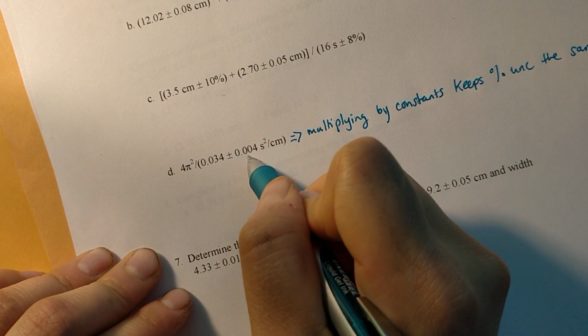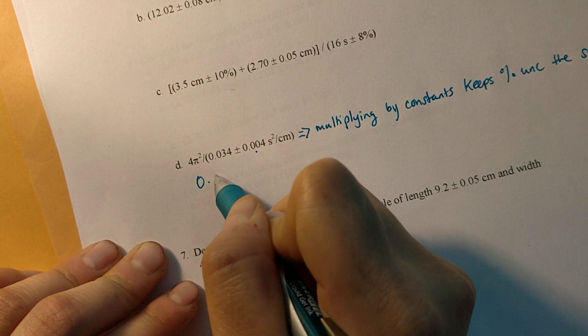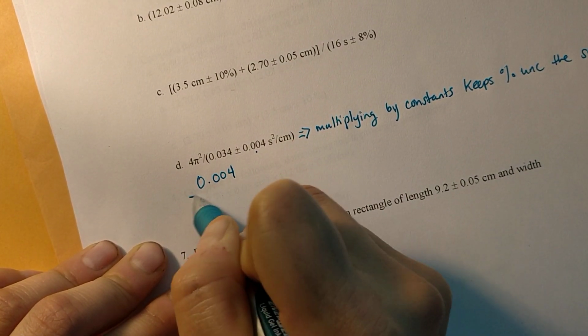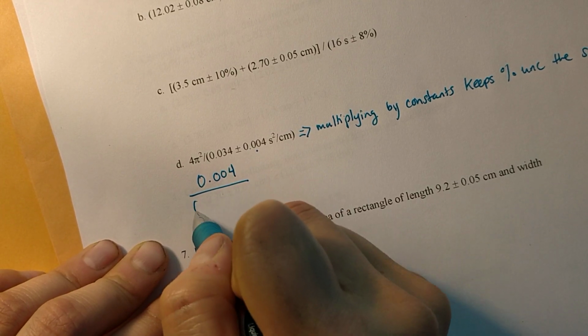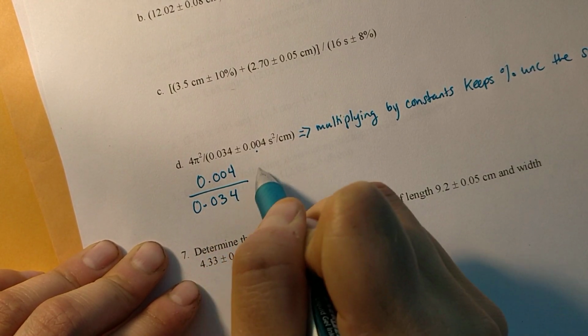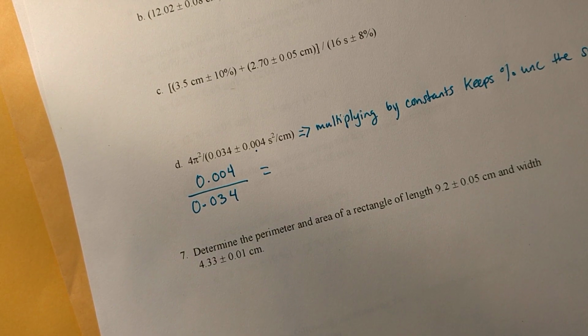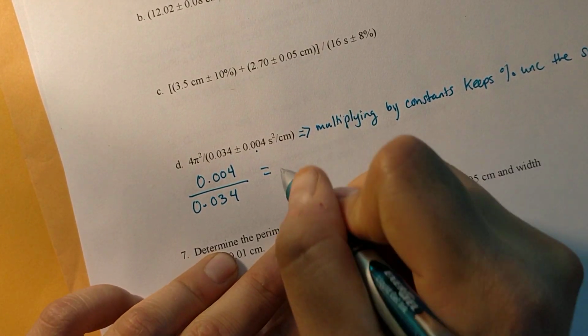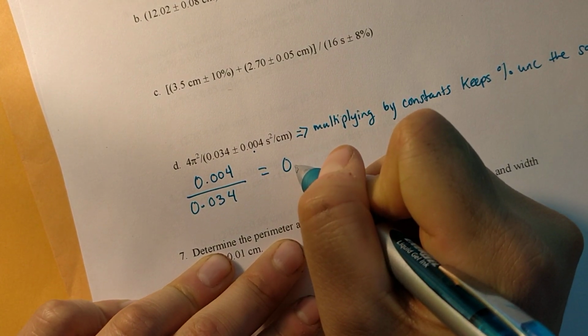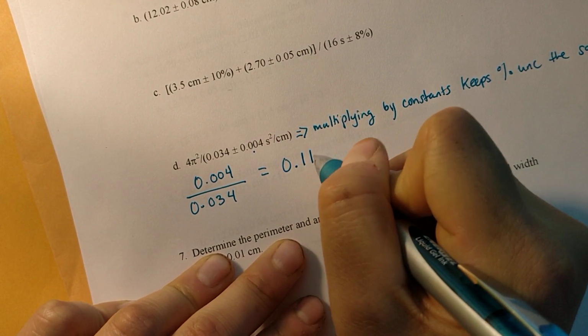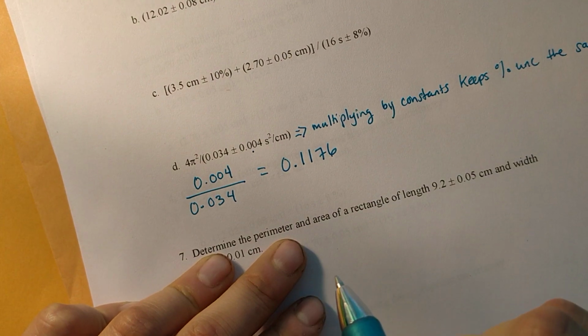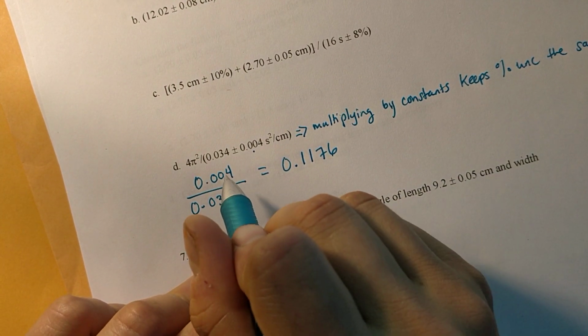I'll take its absolute uncertainty, 0.004, and I'll divide by the measurement itself. 0.004 divided by 0.034 gives me around 10%, 0.1176. That's like 12% uncertainty in this measurement.